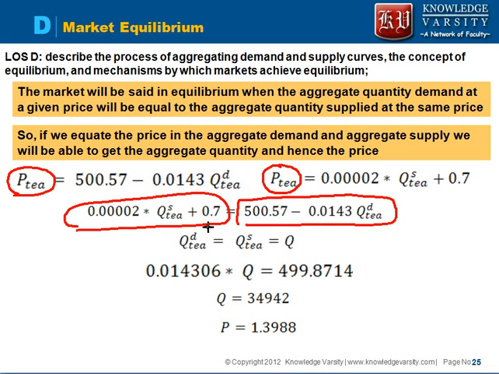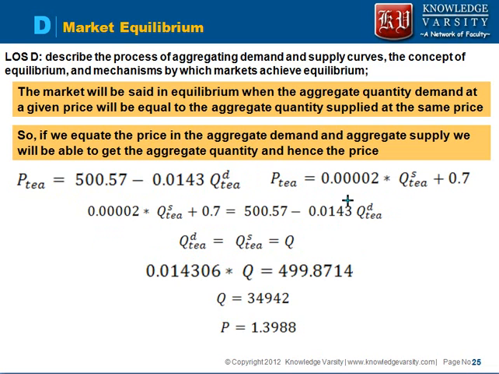Here we need to think that the quantity demanded is equal to the quantity supplied, which is equal to Q. So we move this to this side and replace it with Q. So you have 0.0143, on that you add 0.0002. When you add the 0.0002, you get this, because we are only focusing over here, so this will become slightly more.